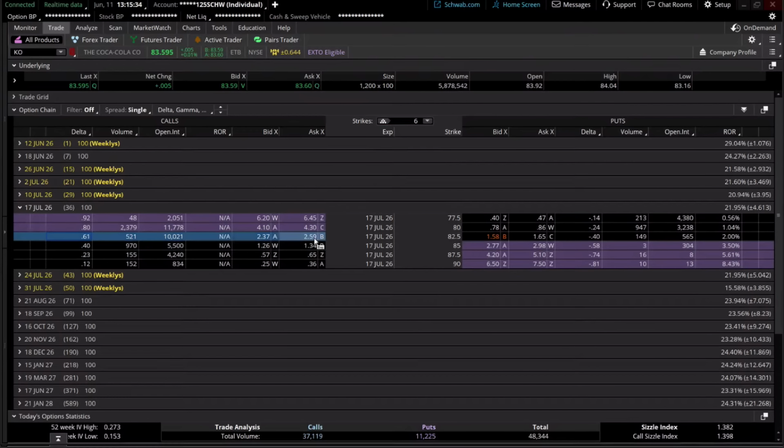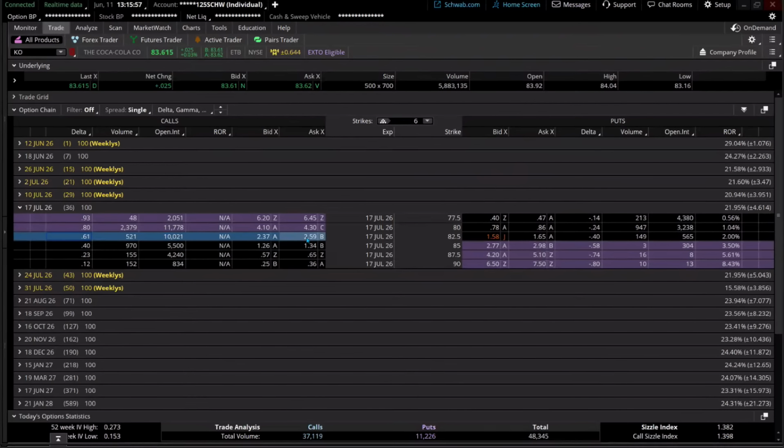Some of that value that I'm pointing at is intrinsic value. The intrinsic value doesn't stay. It will be based upon what the stock price does. What we do know is that time evaporates, and as the time evaporates, the option premium could go down, assuming that the volatility stays the same.